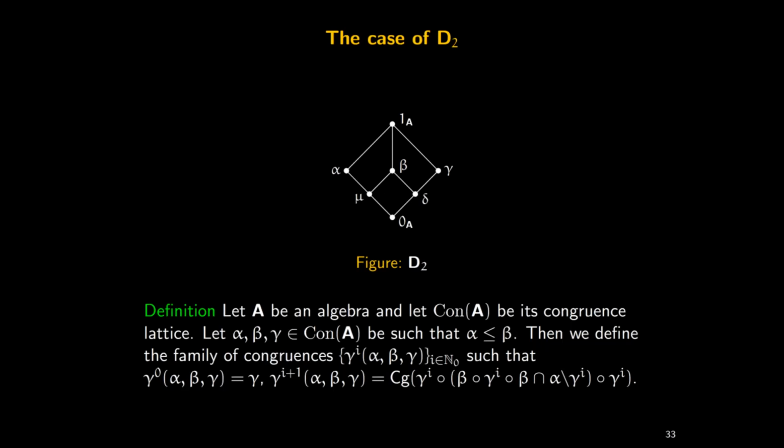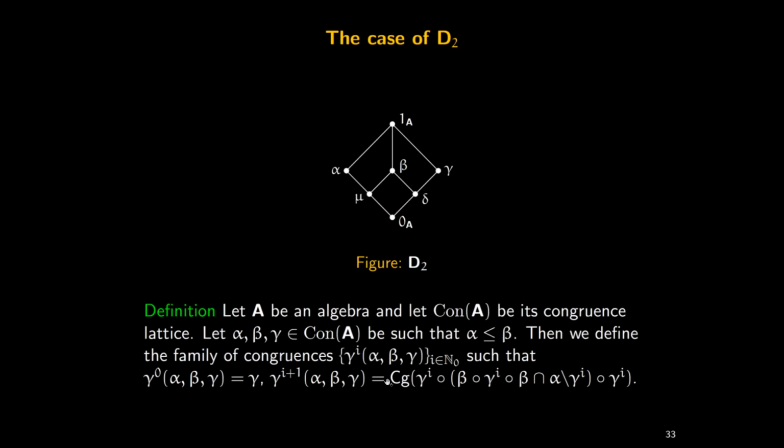And to characterize those cases, you need to consider some chain of congruences, mainly these chains. Basically, you take gamma and beta that form kind of a pair, like in the M5, even if it's not a sublattice in this case. But the idea is they work as the beta, the alpha and the gamma in the M5.